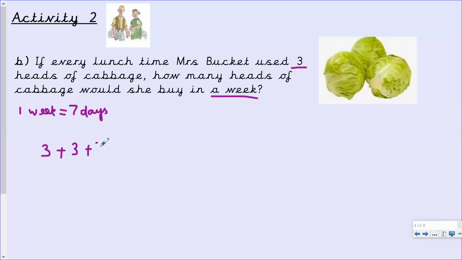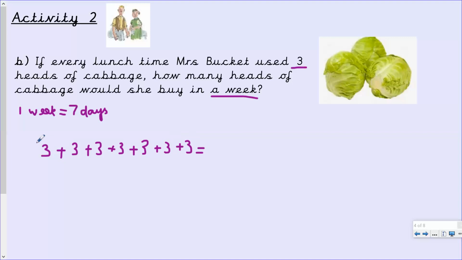The same for the third day, and the fourth day, and the fifth day, and the sixth day. 1, 2, 3, 4, 5, 6. I have added my heads of cabbage for 6 days. I now need to add it for 1 more day to make it a week.